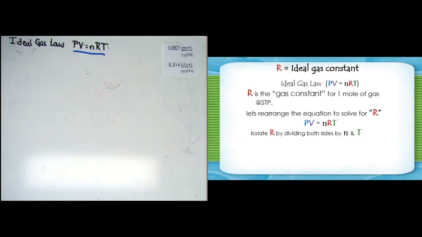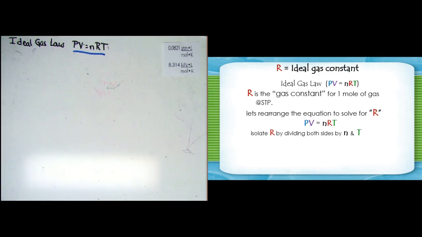All right, so let's talk about this ideal gas constant. It is a number that is set based on 1 mole of gas at standard temperature and pressure. So if you remember what standard temperature and pressure are, you're going to be able to fill this out. It's something you actually have to work at. You can't just simply know this.